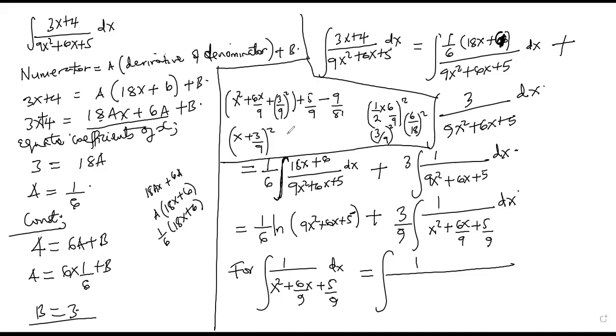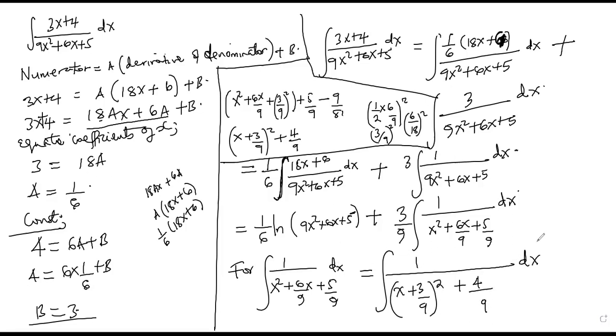So we shall have plus 4 over 9. That is what you'll put here. So it is x plus 3 over 9 squared, then plus 4 over 9, dx.